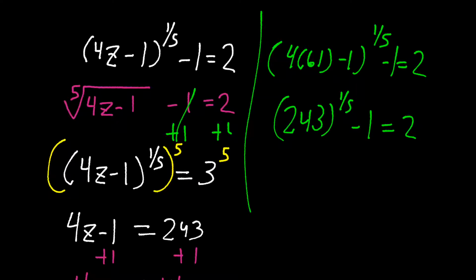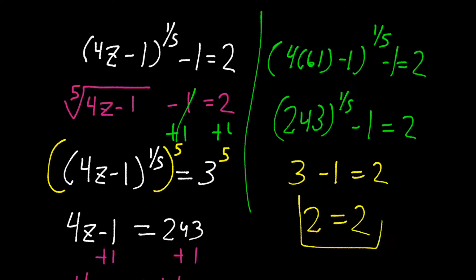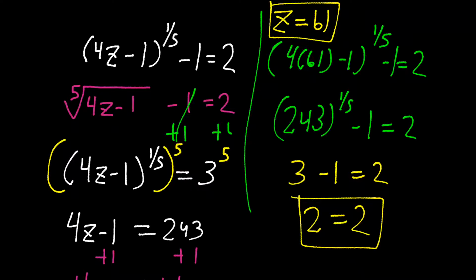So the 5th root of 243, or 243 to the 1/5 power, is 3. Minus 1 equals 2, and 2 equals 2. There is our final answer. So x, oops, not x, this problem was in terms of z, z equals 61 is our solution.